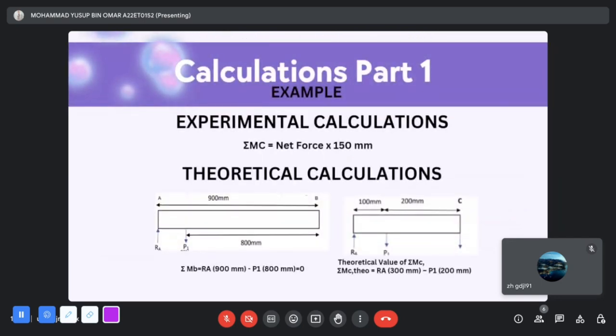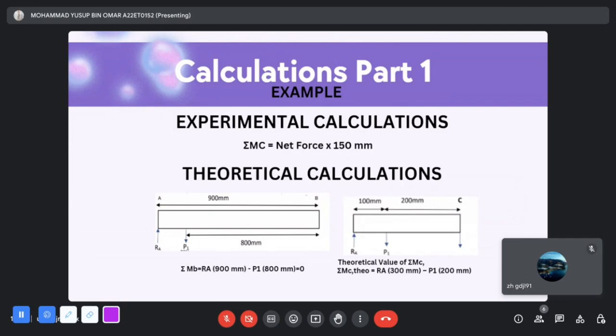So for part 1, for the calculation, this is one example. For the experimental calculations, we know that the summation of moment C equals net force multiplied by 100 millimeter, which is the distance on the spring balance. And then we have the theoretical calculation.